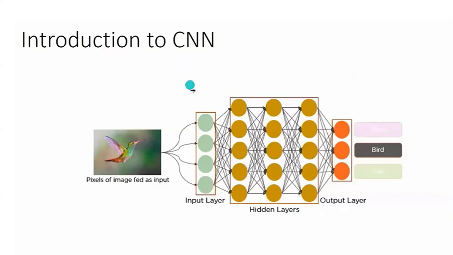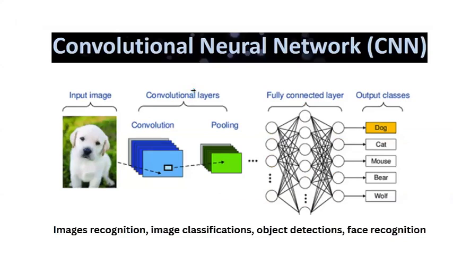If we take it further into detail, here in this example we can see a small dog, and we send it into a convolutional layer. In the convolutional layer, we have convolution and pooling both. I will explain what convolution is.